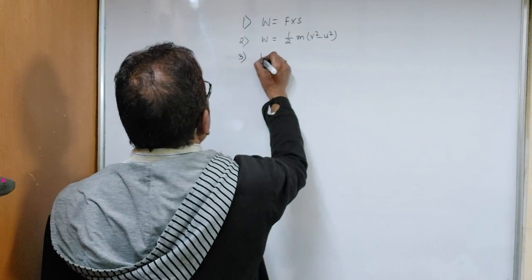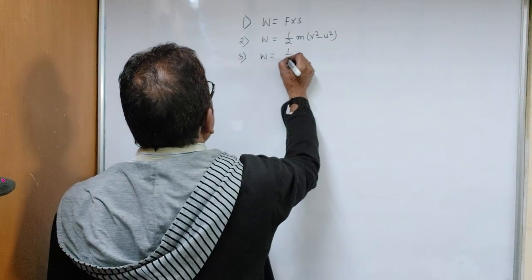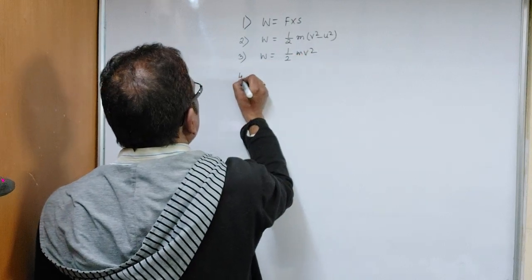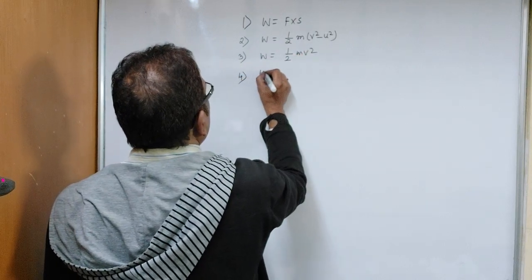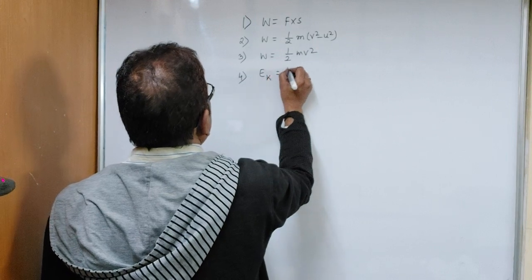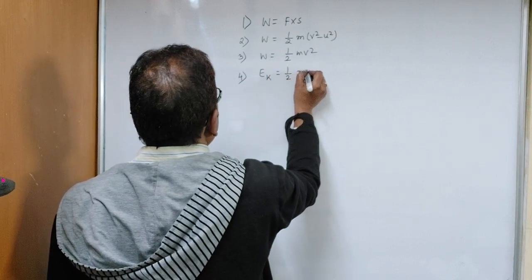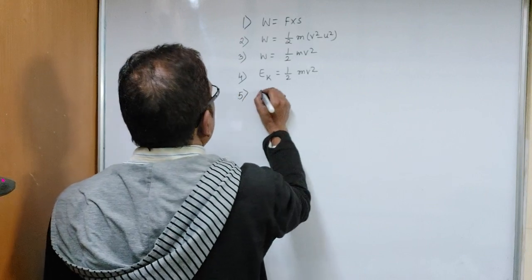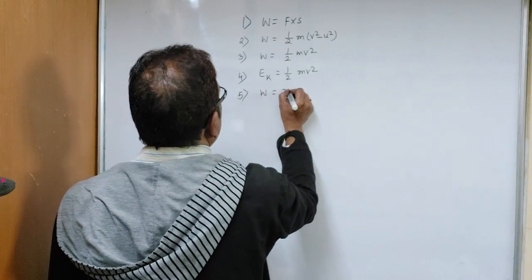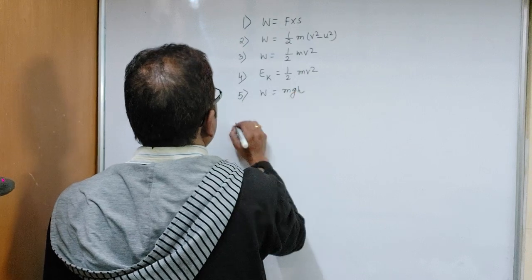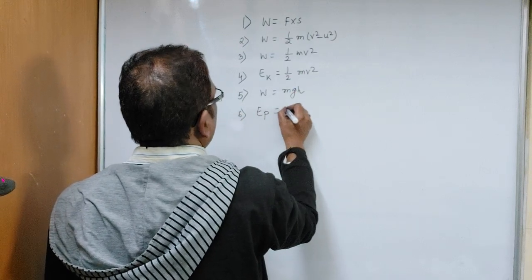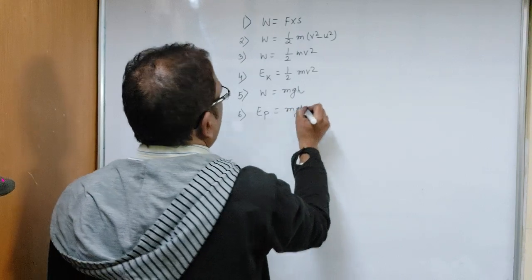Third, we have derived work done is equal to half mv square. Fourth formula we have derived, that kinetic energy is equal to half mv square. Fifth formula which we have derived, that work done is equal to mgh. And sixth one, that potential energy is equal to mgh.